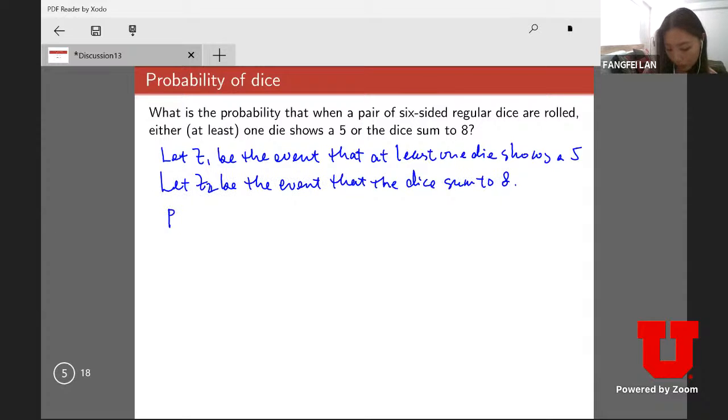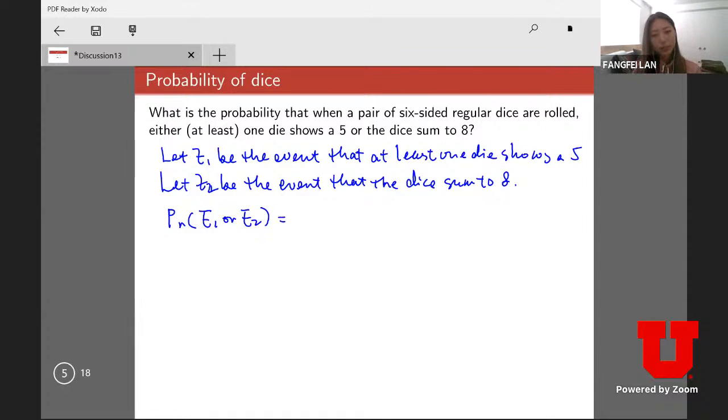Okay, so what are we computing? We're computing E1 or E2, right? The probability of E1 or E2.